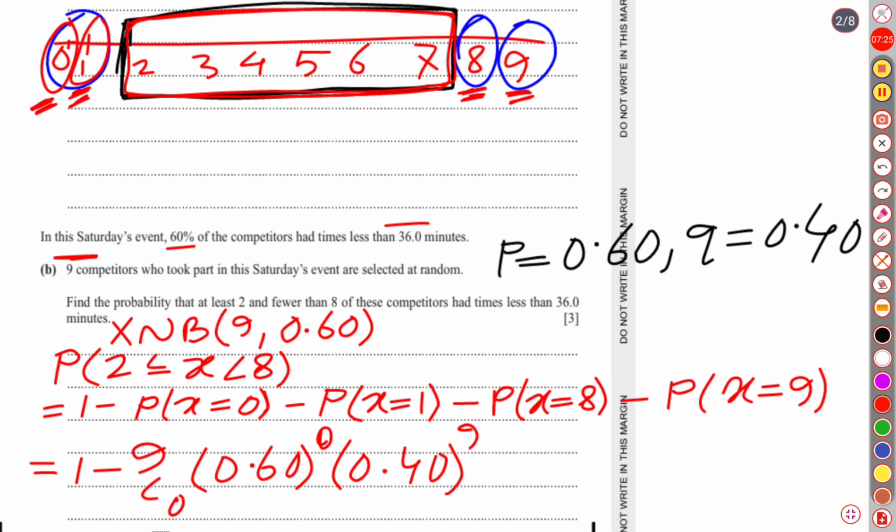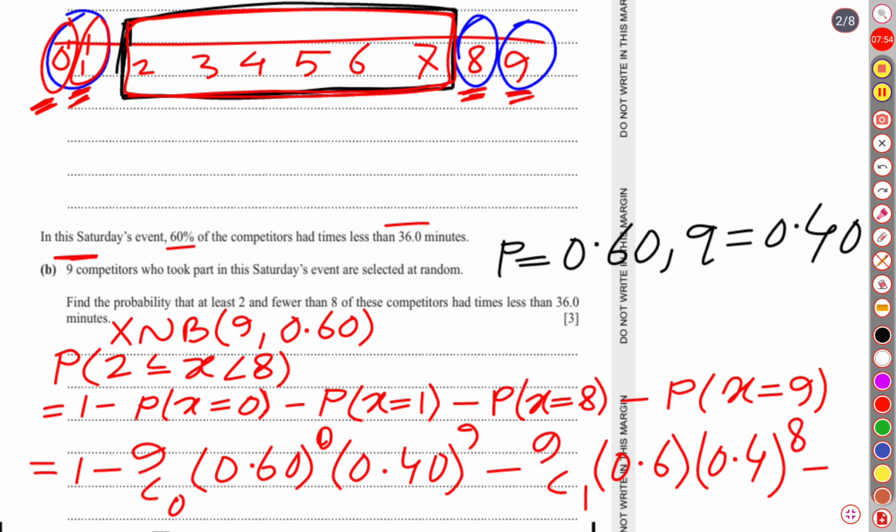Now the second one, when there is only one competitor who took less than 36 minutes. Out of 9, only one, 9 choose 1, who took less than 36 minutes, the probability is 0.6 for that one and 0.4 for the rest of them, that means 8 people.